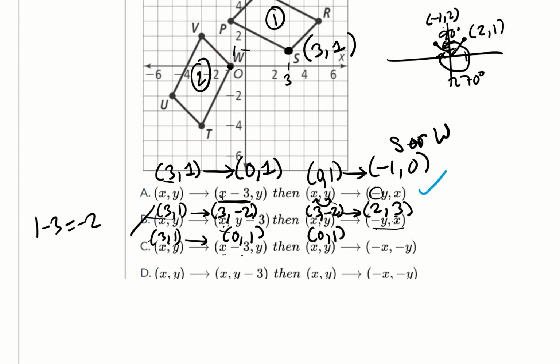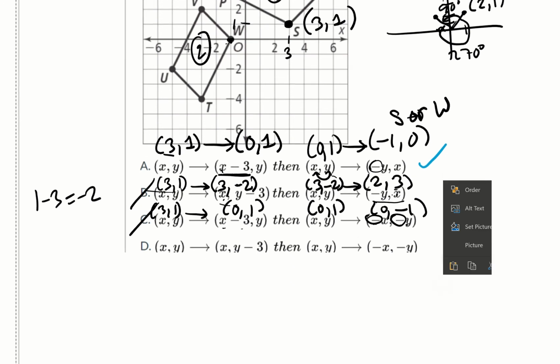We're going to change the sign of both x and y. X here is 0, so it's just going to stay 0. Y is positive 1, so it's going to become negative 1. So W is going to be 0, negative 1. But we know that's not true, because W is over here. So this is incorrect. And so on.